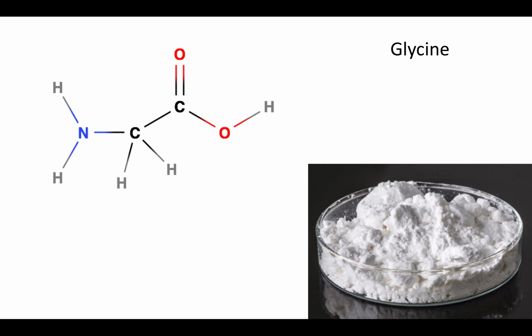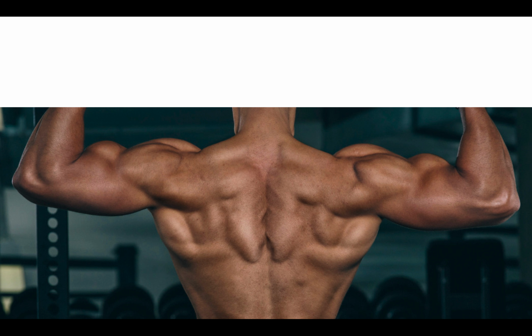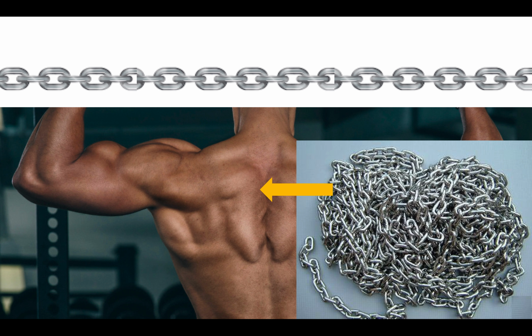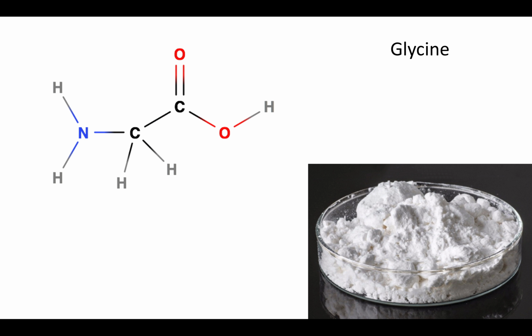One example is the amino acid glycine. So if you think of proteins as long chains that then fold up to form what we think of as a protein, like our muscles, each link in that chain would be something called an amino acid. And there are 20 different amino acids, but glycine is the simplest one.